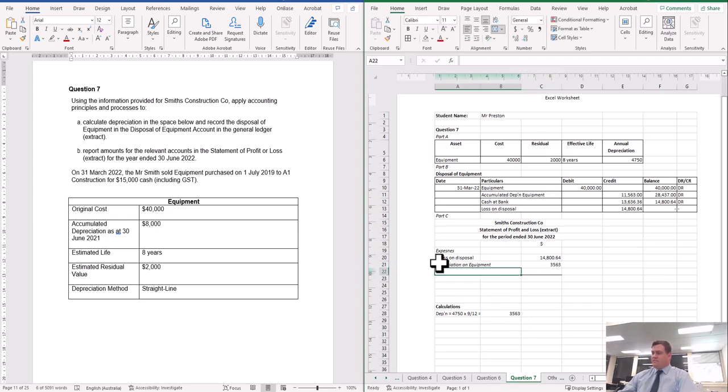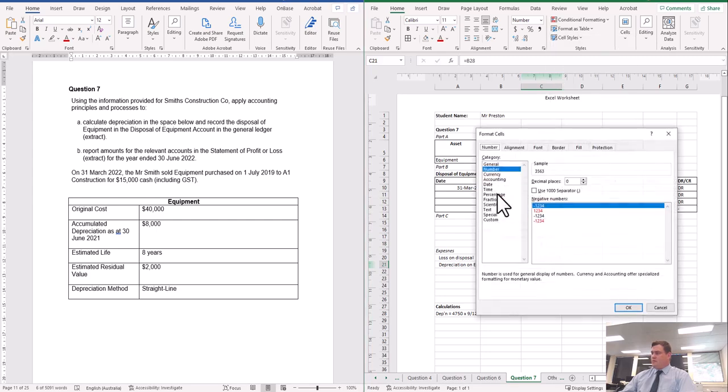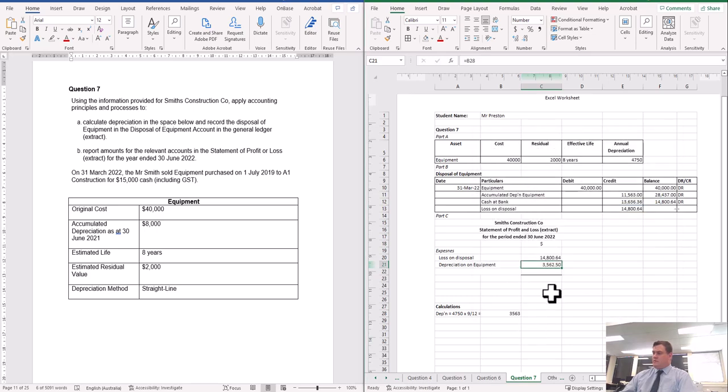Just the depreciation for this year. Just sort out the formatting there. So then my total expenses will be the sum of those two, which is $18,363. So that's the final step.